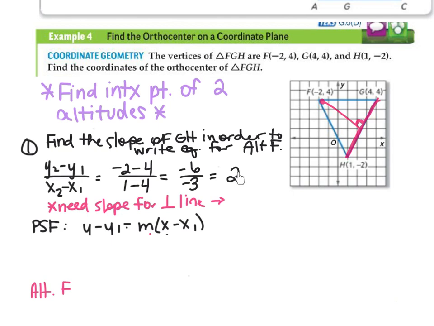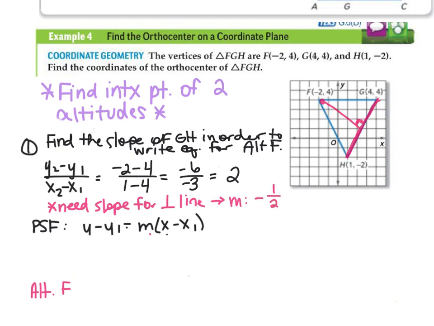But remember, we need to find the slope for the perpendicular line because our altitude is perpendicular. Does anyone remember how to find the slope of a perpendicular line? Yes, awesome. Opposite reciprocal. So opposite would be a negative. All right, so the slope, we'll do it in pink. The opposite, negative, reciprocal is 1/2.